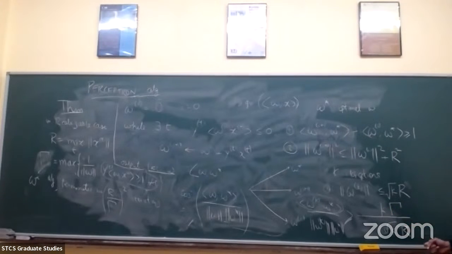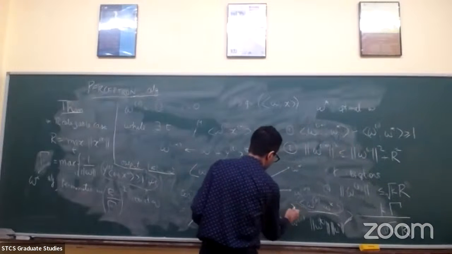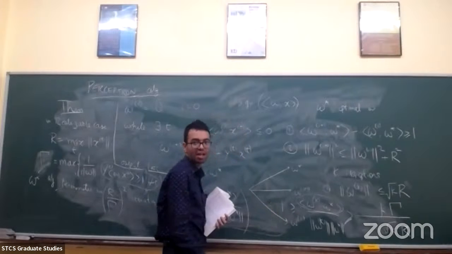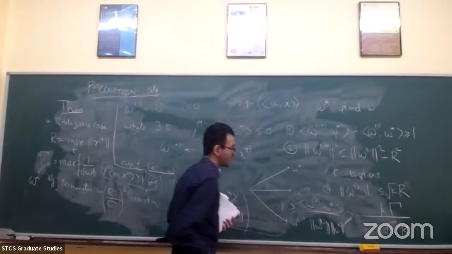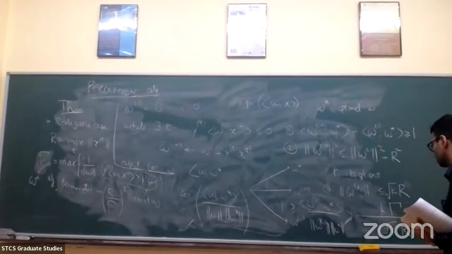But then how big can it get? The right side quantity can be at most 1. Exactly. So this thing here is at most 1, and that gives you a bound. So therefore, to simplify this.